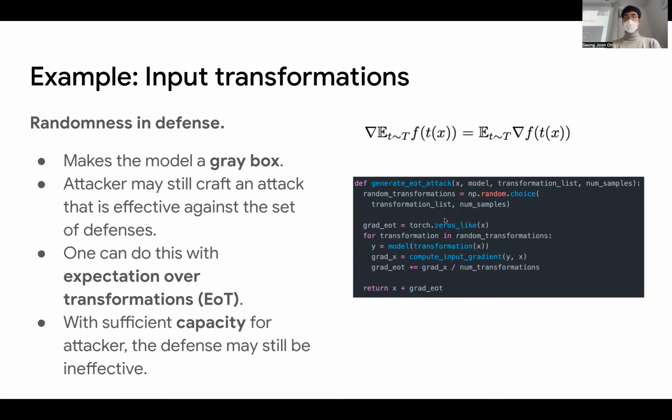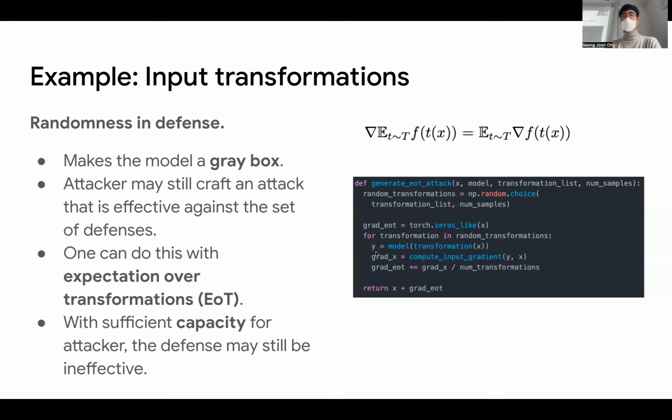So in terms of code, it looks like this. Let's say you want to generate an expectation of transformation attack. Then what you do is you randomly sample from the possible list of transformations. And then using that transformation, you first do the forward pass, right?